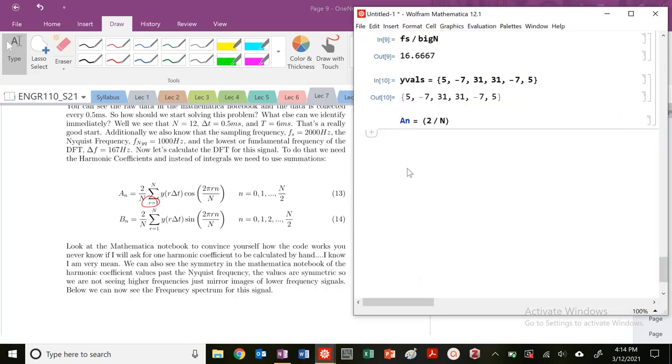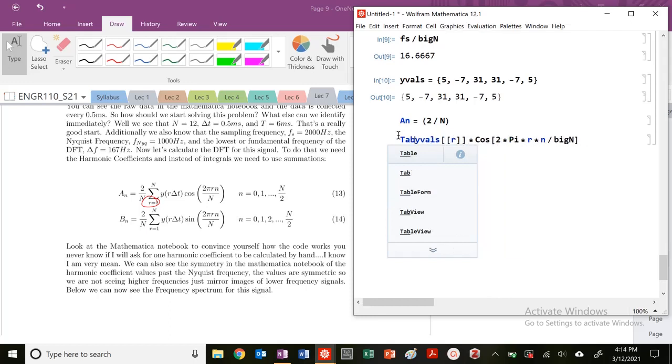I need to do a table where I pull out my y vals times cosine of 2 times pi times, instead of I, we'll use r, times n divided by big N. Before we deal with any harmonics, we have to do the summation here.